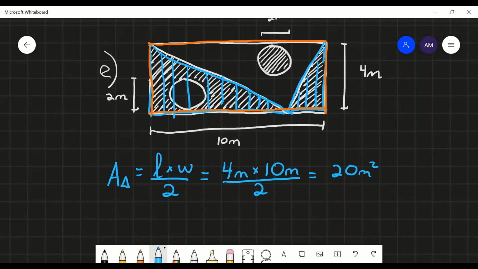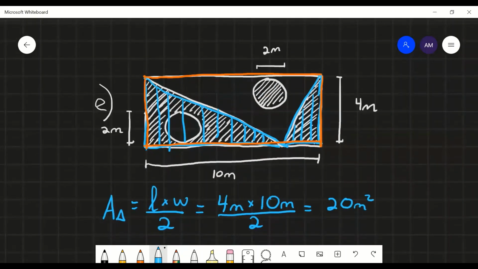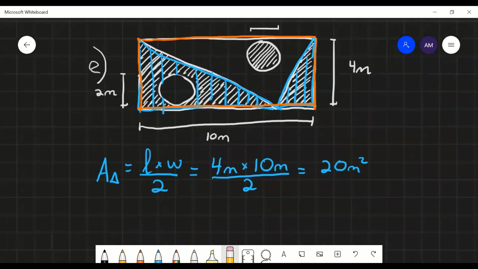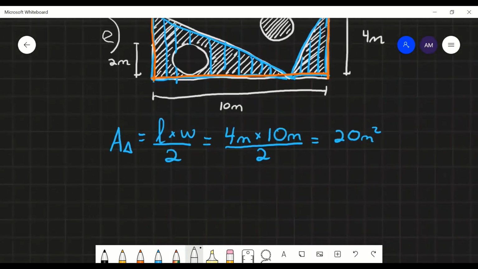And then let's think about what's happening on the inside here. There are these circles. So yes, the 2 triangles would form 20 square meters if they were fully colored in, but there's actually a hole in this triangle, and it's a circular hole of diameter 2 meters.